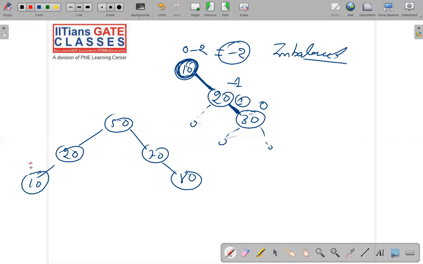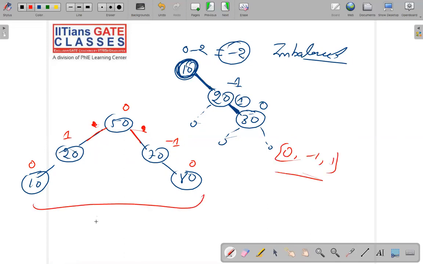Okay, so 0 here, 1 here, 0 here, -1 here. Now the height of the right subtree here is 2, the height of the left subtree is 2, and it is 0 here. So see, at each node, it is either 0 or -1 or 1. So this is a valid AVL tree. Okay, we don't have to worry about it.